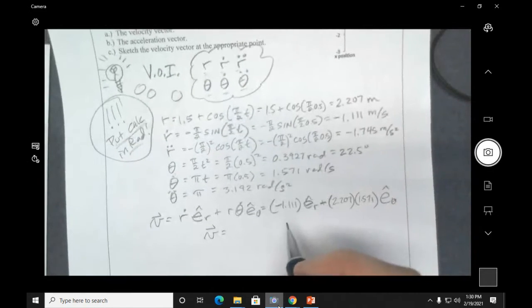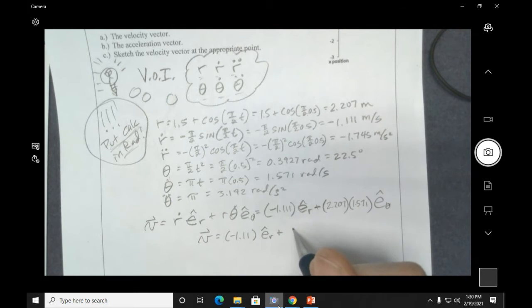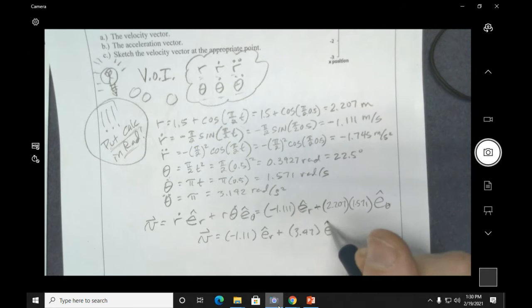And that is going to give us our negative 1.11 e_r plus 3.47 e_theta meters per second.